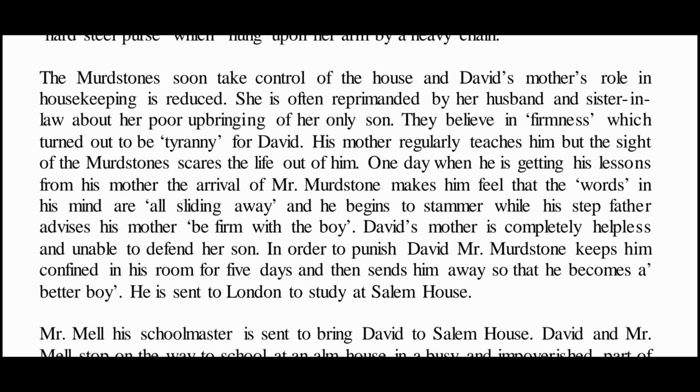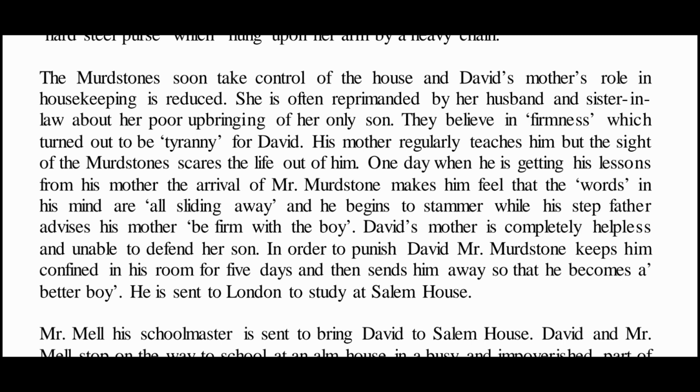One day, when he is getting his lesson from his mother, the arrival of Mr. Murdstone makes him feel that the words in his mind are all sliding away, and he begins to stammer, while his stepfather advises his mother to be firm with the boy.